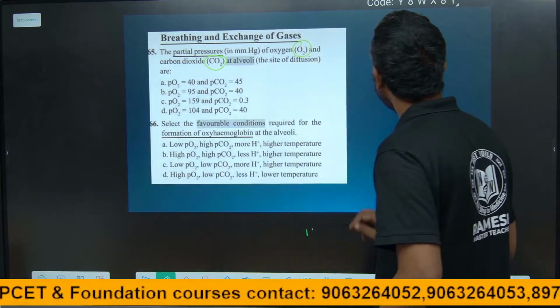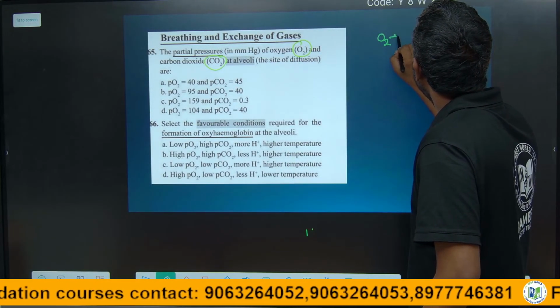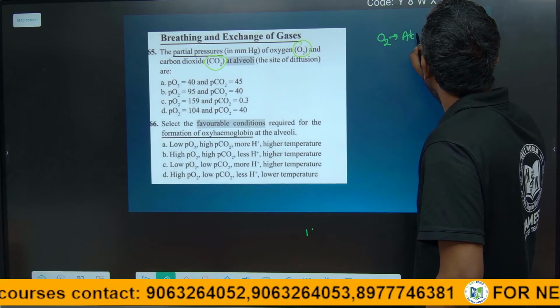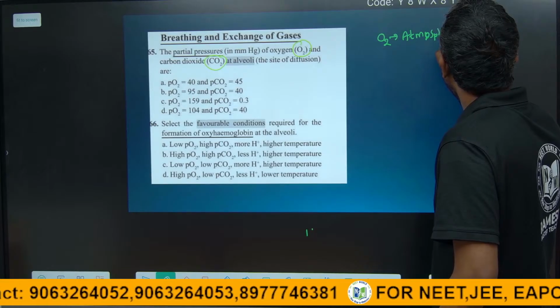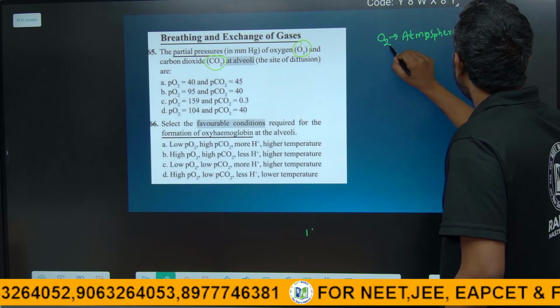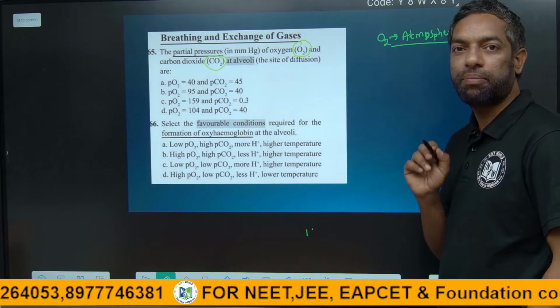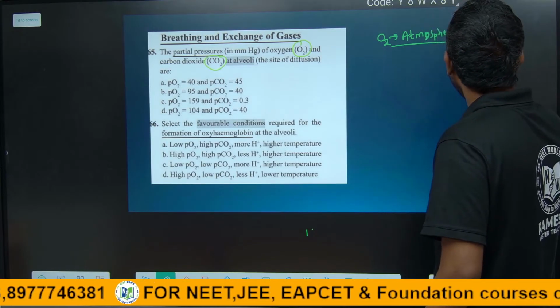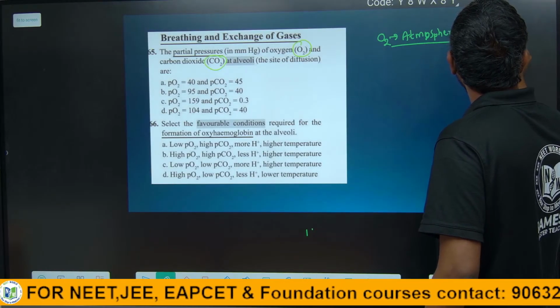Okay, just look into this. Oxygen is produced in the atmosphere, where the partial pressure is high, 159 mmHg.